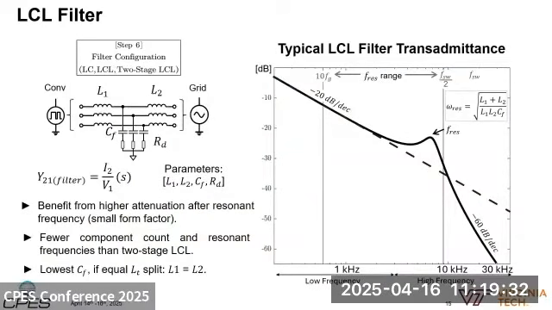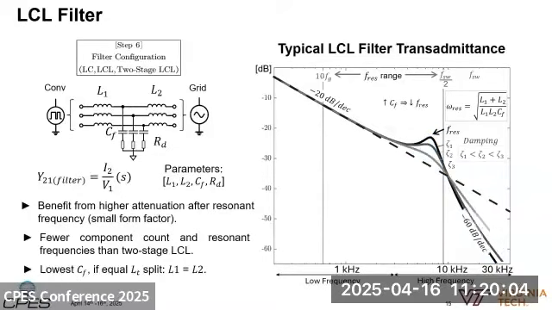So, okay, we decided to go with an LCL filter because we can obtain better attenuation with a smaller filter. And here's just a recap on the transadmittance of the LCL filter. If we increase the filter capacitance, we are going to reduce the resonant frequency, and therefore we can benefit from higher attenuation.